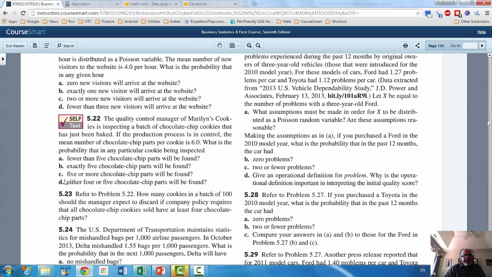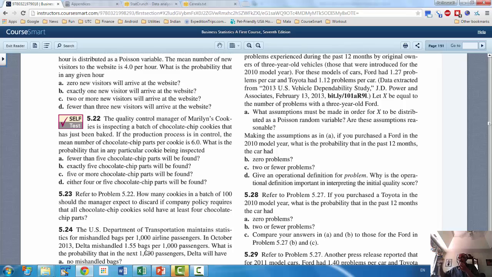Now C is 5 or more chocolate chip parts. Okay, so this is going to be impossible to compute because for 5 or more, there is no upper limit in the Poisson distribution. So you have to keep on going even though it becomes small, very close to 0.